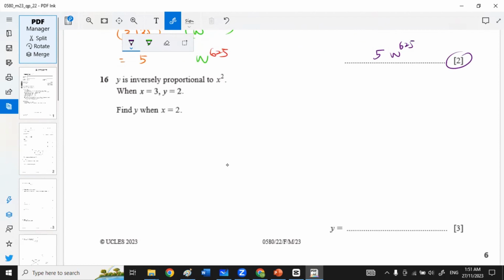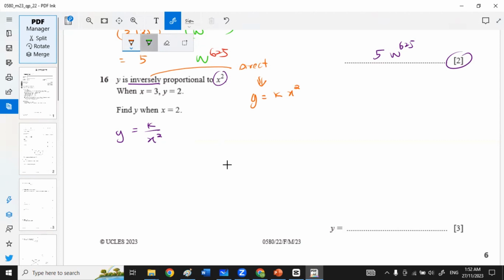Number 16. y is inversely proportional to x squared. So y is equal to k over x squared. This is inverse. If the question gives you direct, then y equals k x squared. This is direct proportion.